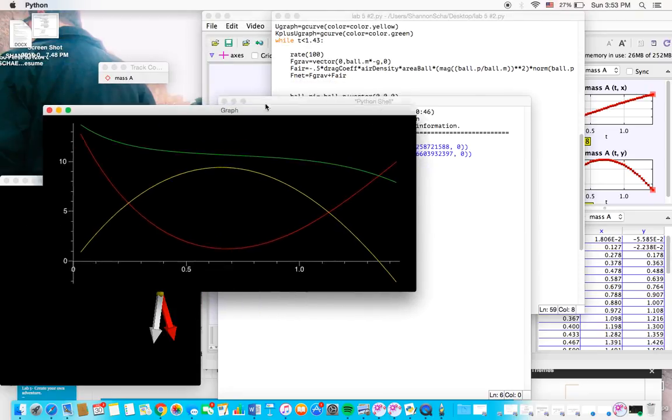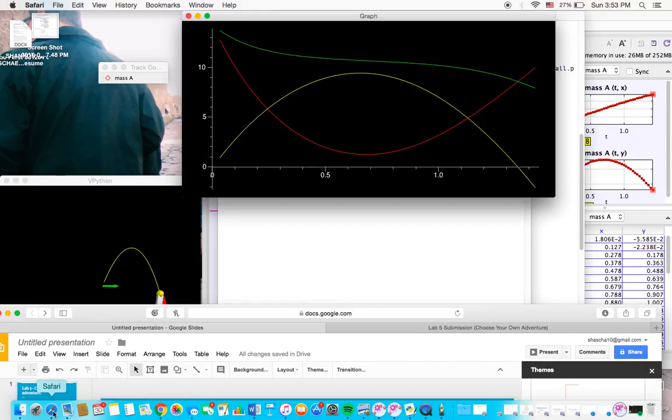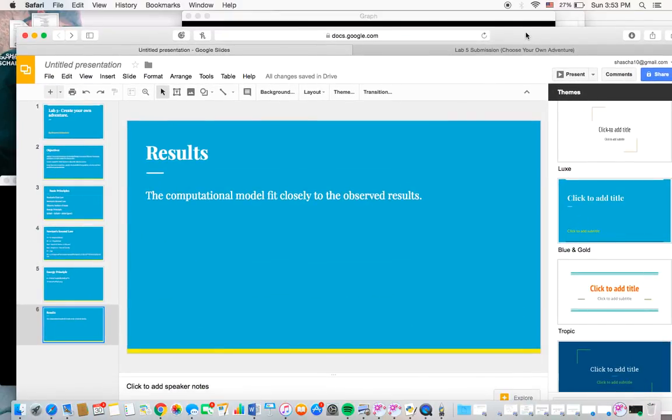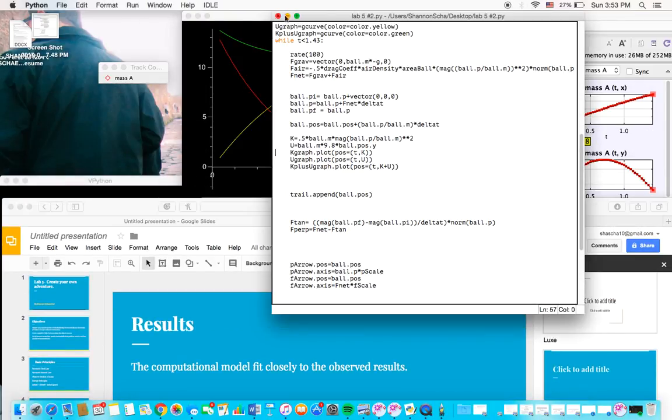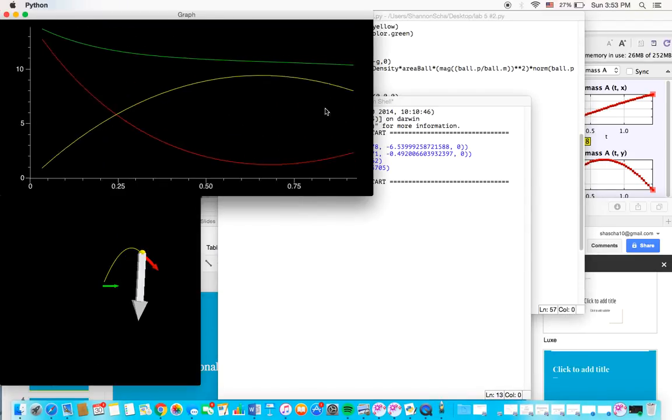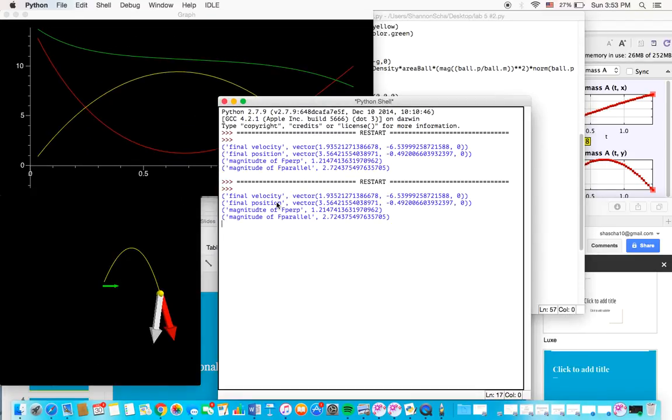So we can conclude in this lab that the computational model fit closely to the observed results. We can see over here, when we run this again, that the final velocity is going to be 1.93 in the x direction and negative 6.53 in the y direction.